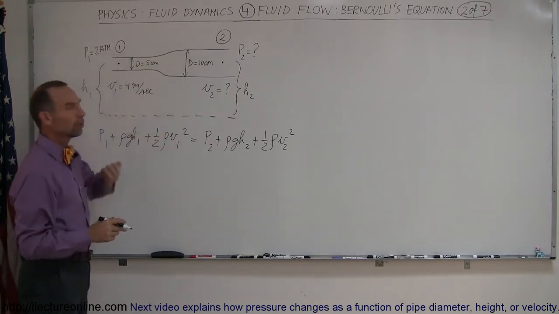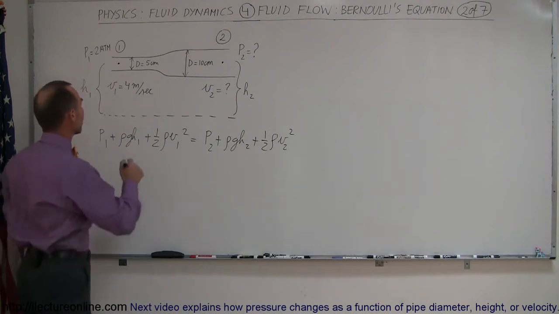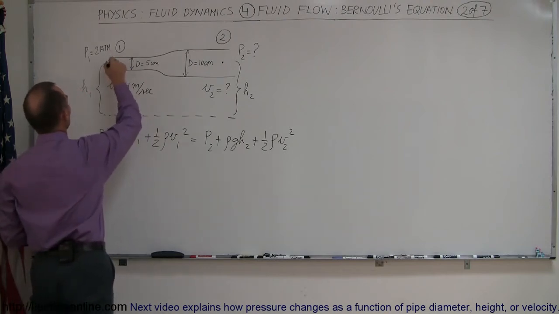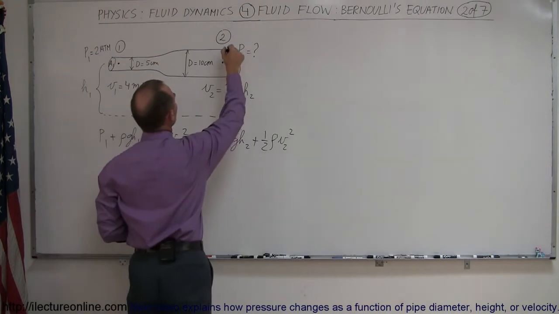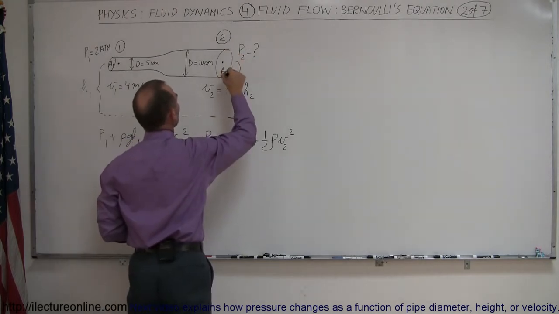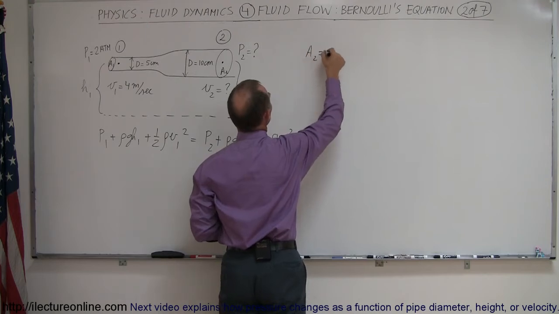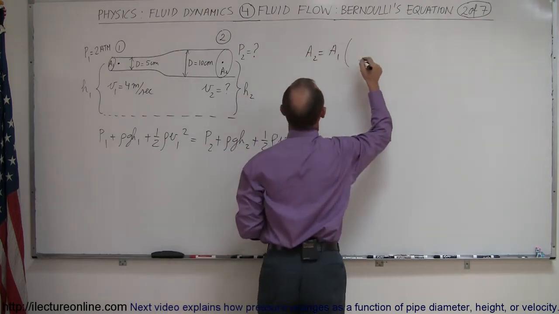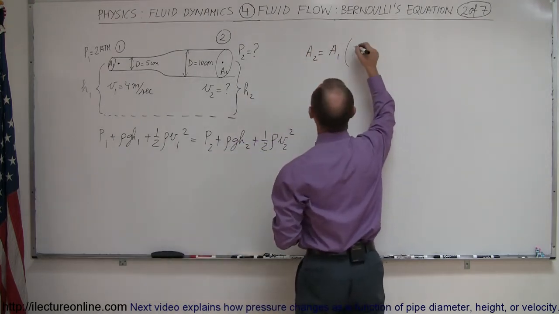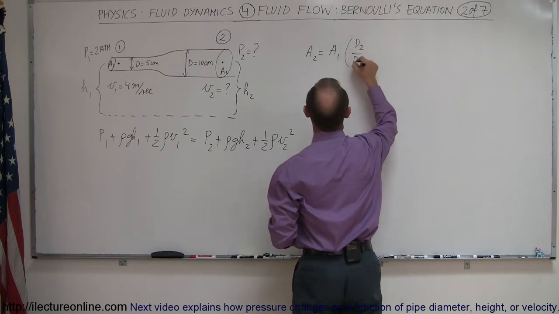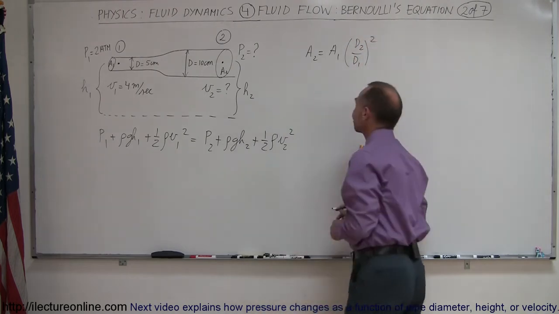If the diameter doubled, what does that do to the cross-sectional area? If this is A1, the cross-sectional area 1, and over here this is cross-sectional area A2, we can see that A2 is equal to A1 times the ratio of D2 over D1 squared.